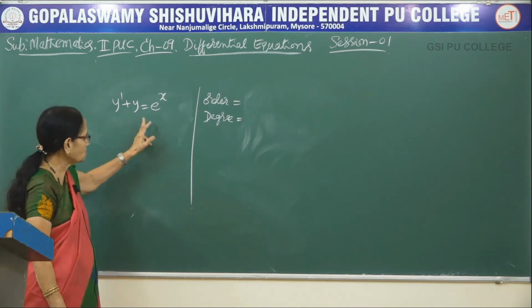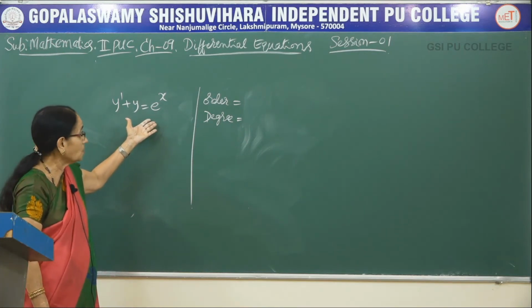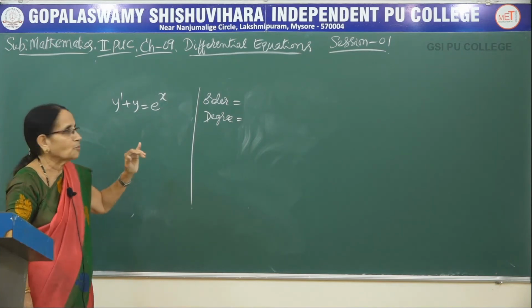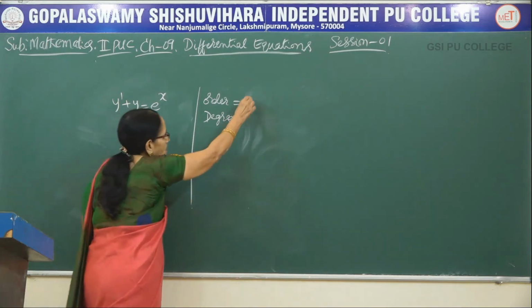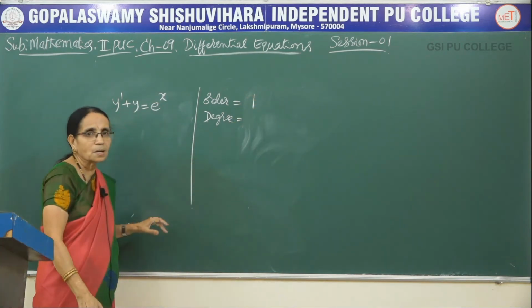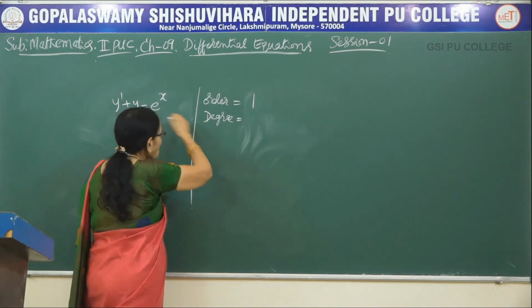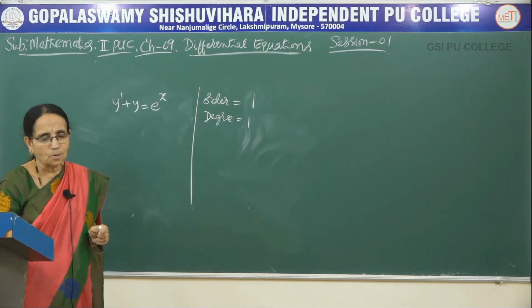Whereas here it is certainly a polynomial in the derivative. Therefore, both the order and the degree are defined. Only once we have differentiated, so the order is 1, and the degree is also 1.